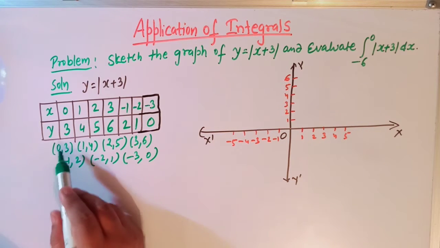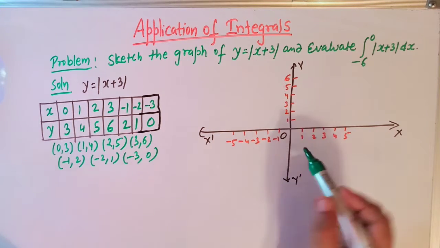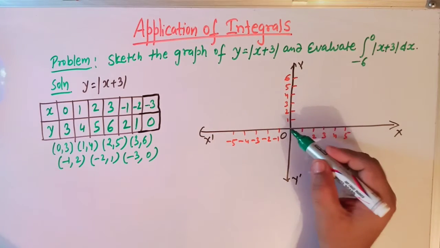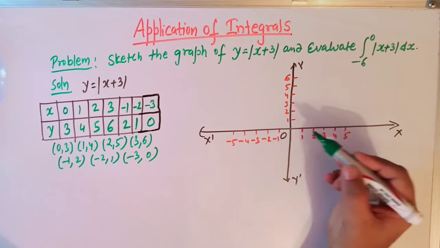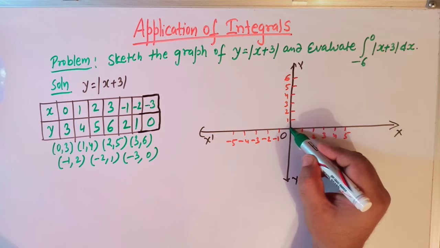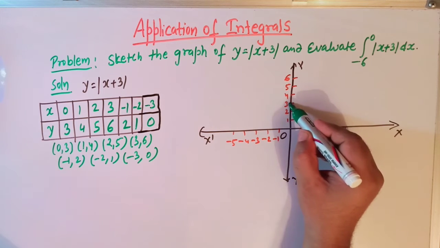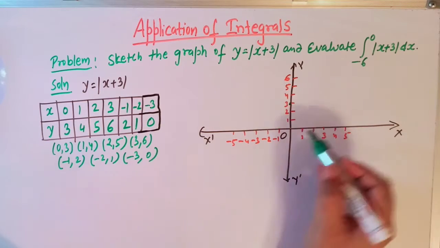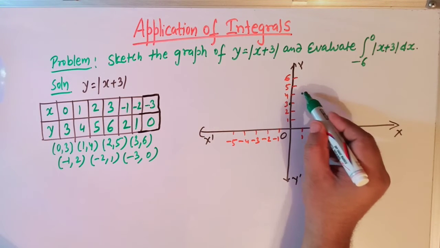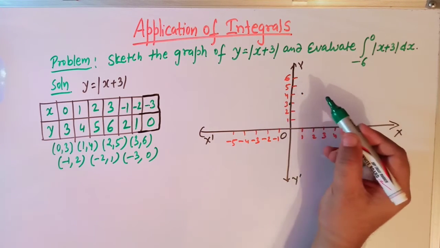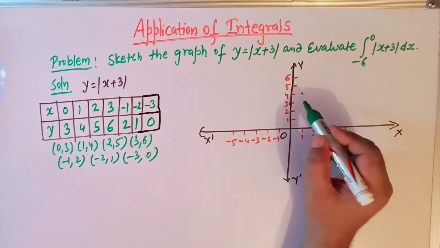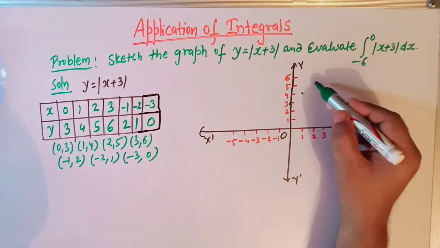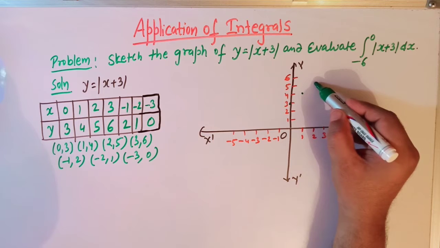Now if we plot these points on graph paper, here we have 0 and we have 3. So the first point is here. Then we have 1 comma 4, the point here. Then 2 comma 5, somewhere here.